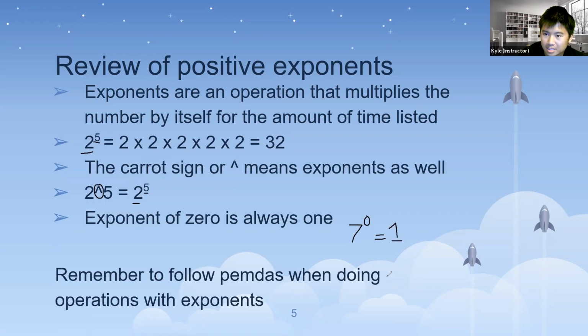Does that make sense? What doesn't make sense? The exponents to the 0 power? Think about what is a number to the 1 power.